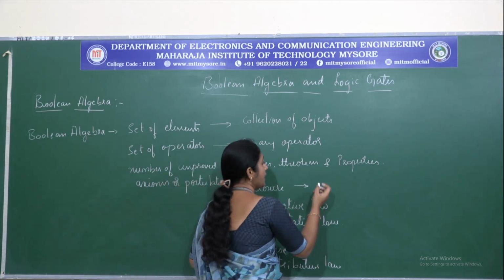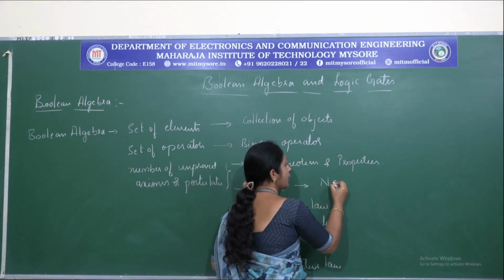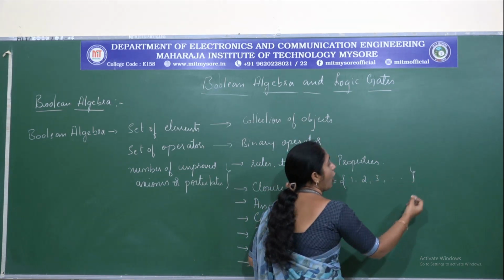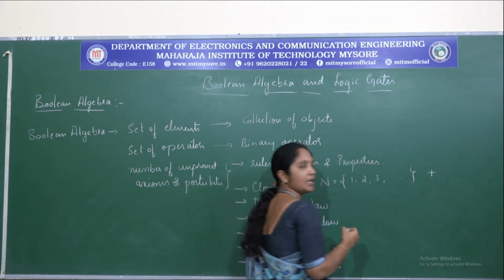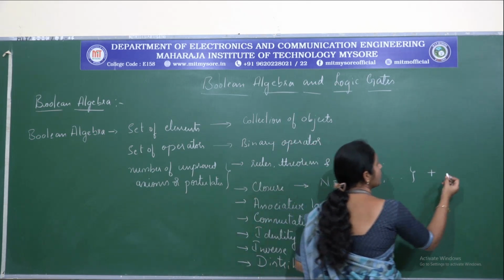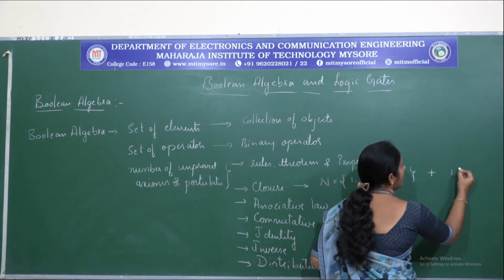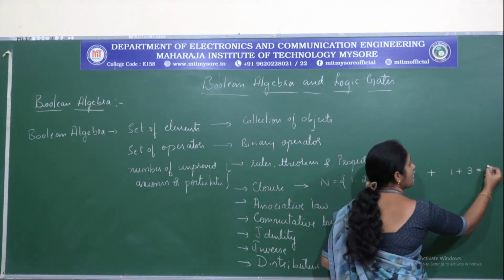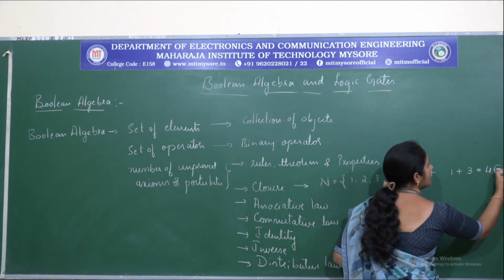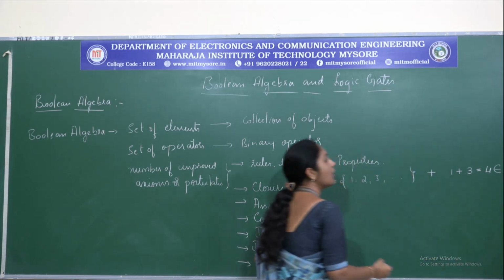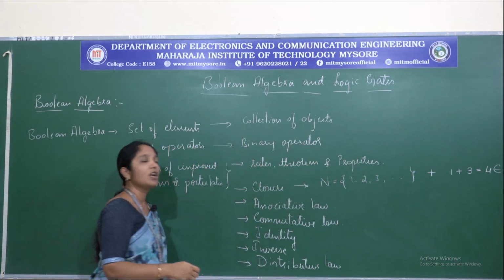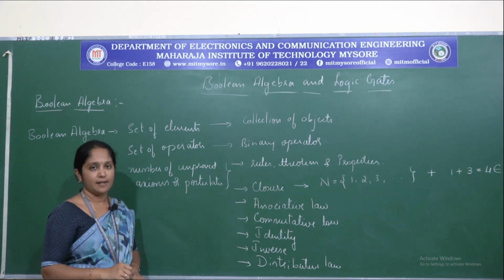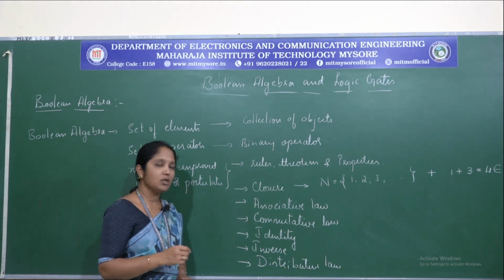For example, if I consider the set of natural numbers, then the operator plus is closed, because 1 plus 3, two elements of the set, gives a result that also belongs to the set N. Therefore the binary operator plus is closed with respect to the set N.